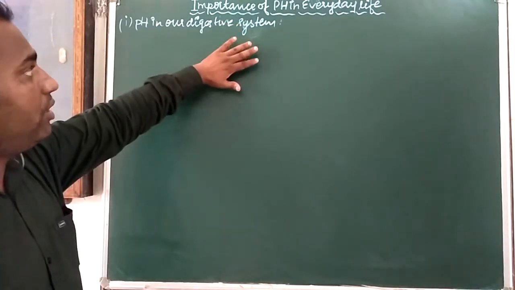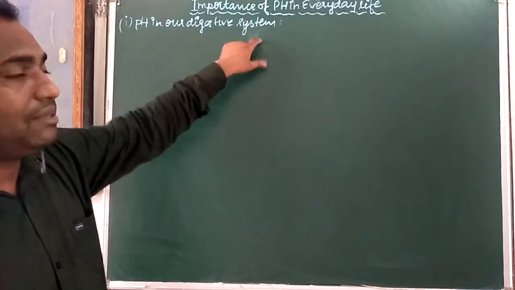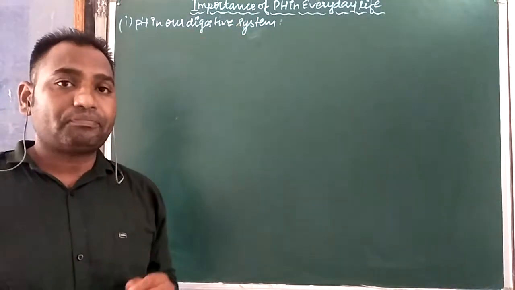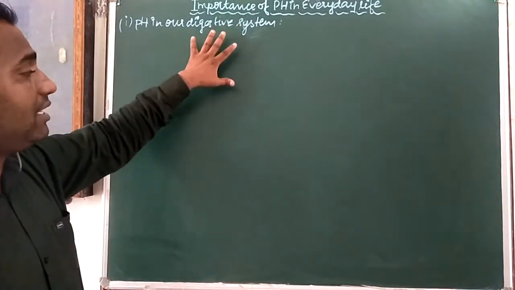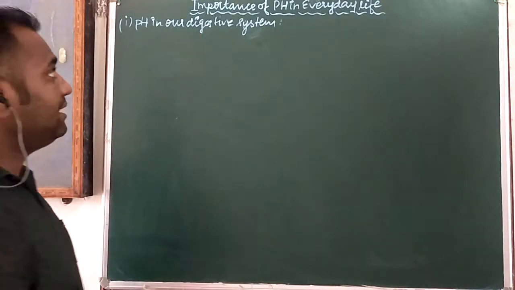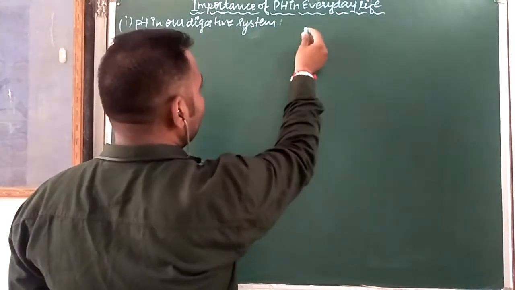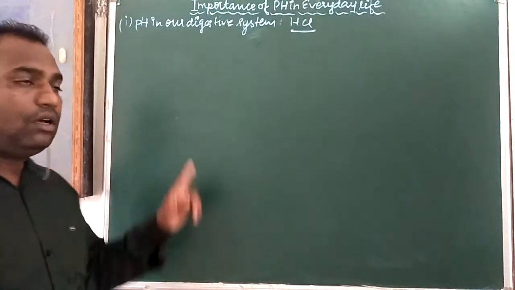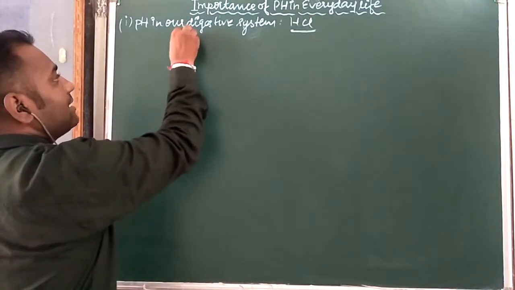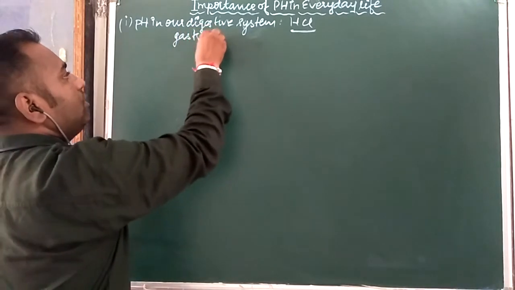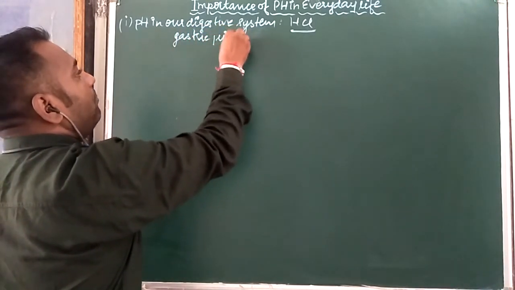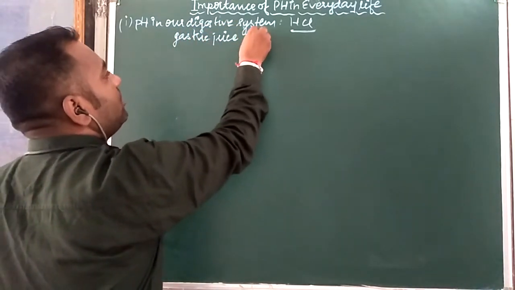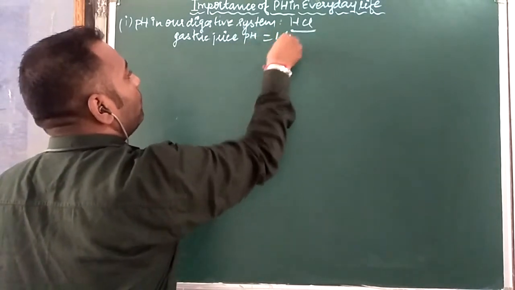So what I am showing here is that the digestive system is directly connected with pH values, because of HCl. Look here, the gastric juice pH is 1.4.